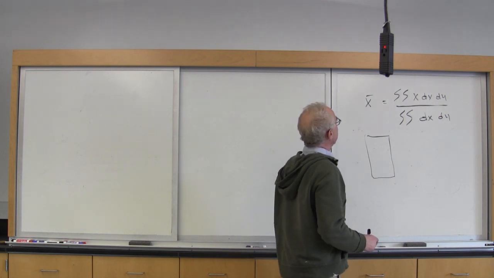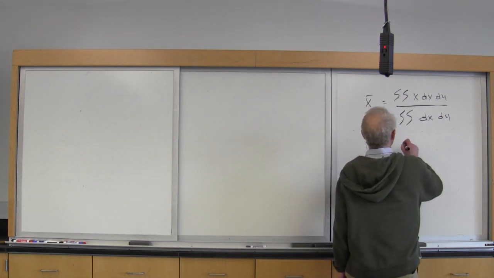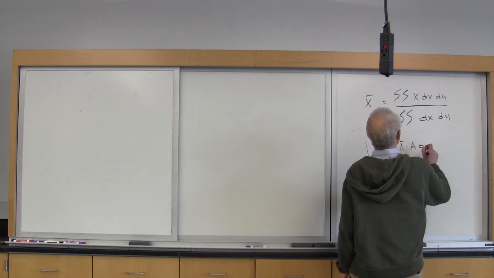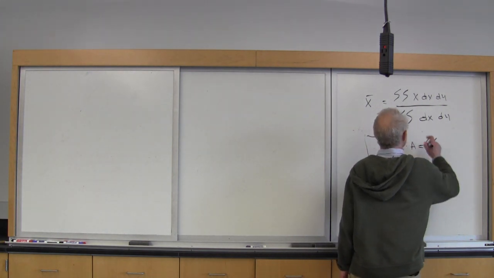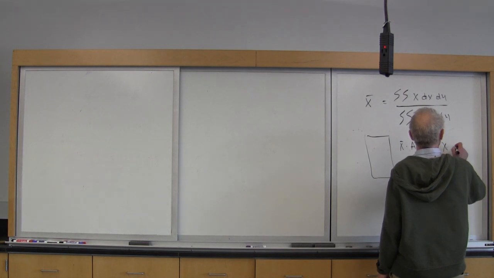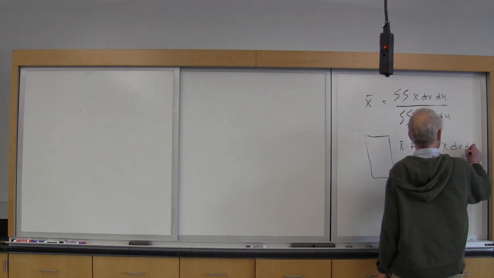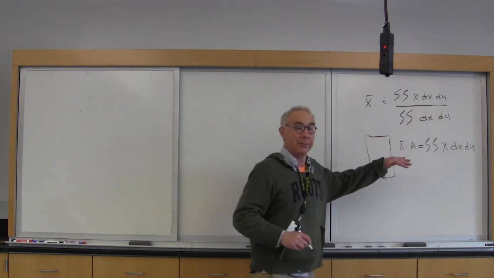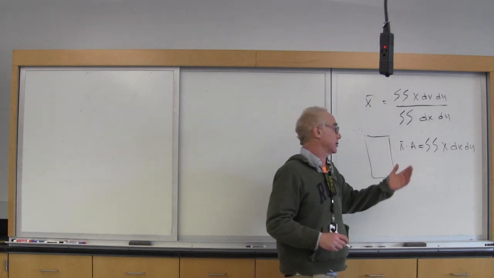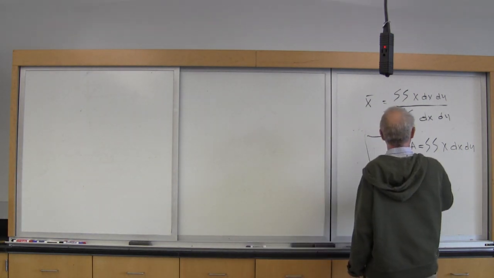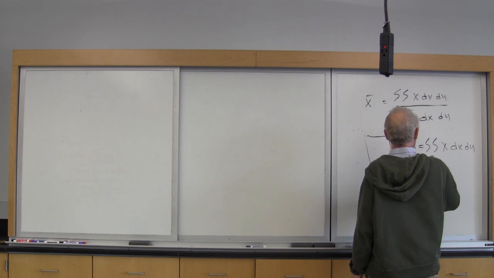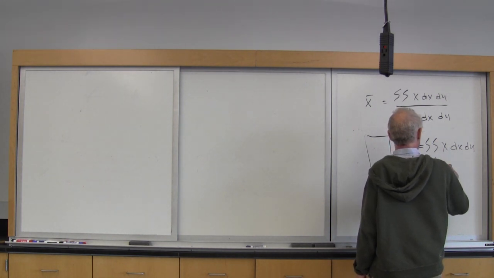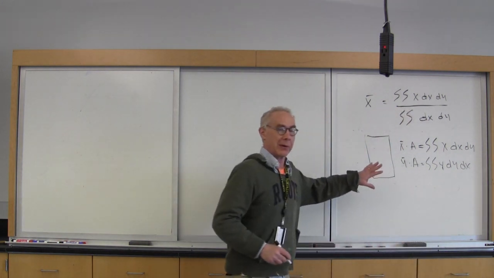So if we look at this, we realize that x bar times the area equals simply this moment arm x dx, and we're going to use that in a minute. And we can do the same thing in the y direction. So y bar times A equals the integral of y dy dx. Okay, we're going to come back and use that.